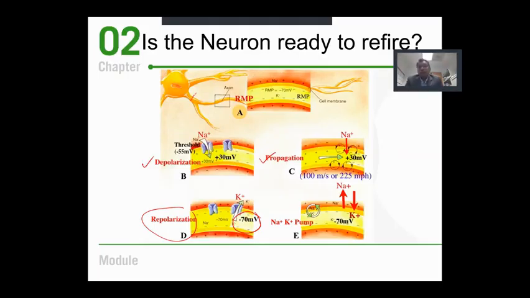Well, for it to fire again, it should be able to move the sodium ions outside. Remember, the depolarization is due to influx of sodium, but the sodium is trapped inside the neuron, right?